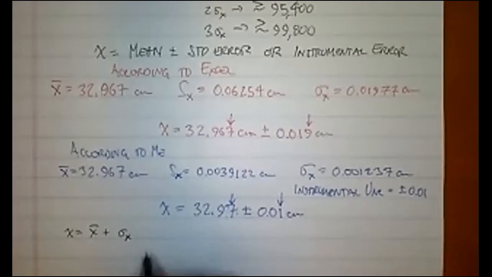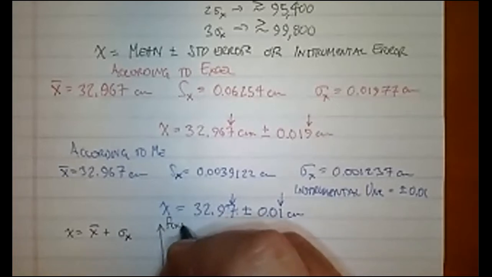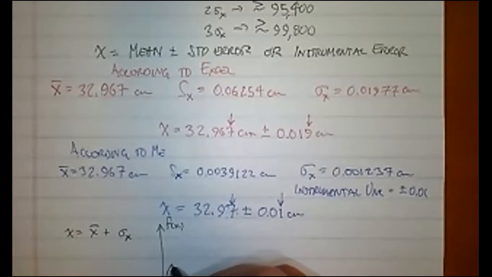Well, if that's the case, and you have to use that x to calculate some f of x like this, you can say, well, this right here is, let's say, x. And this distance from here to here is sigma x.